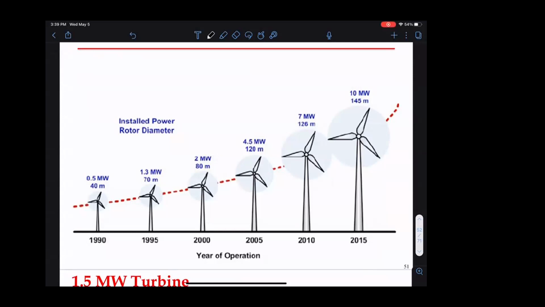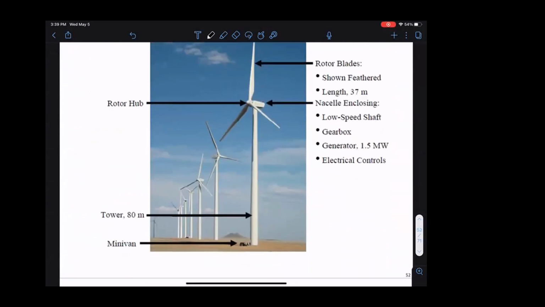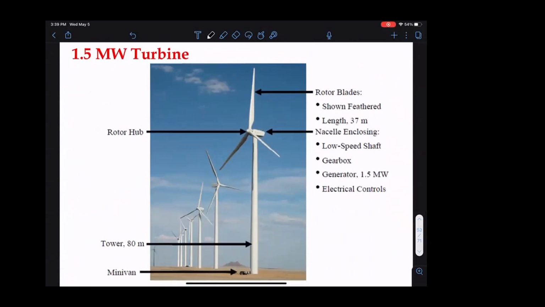And to give you a sense of how large this really is, this is a picture of a real turbine. The thing to look at is where people are.